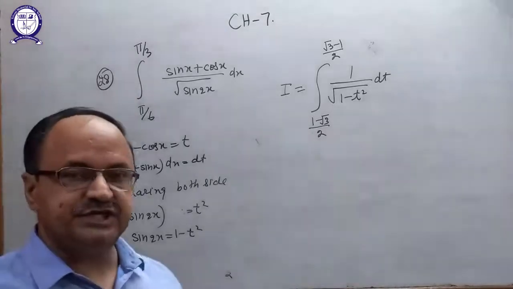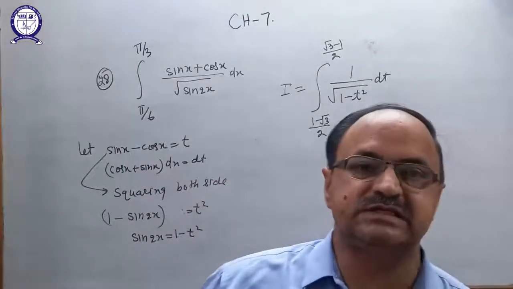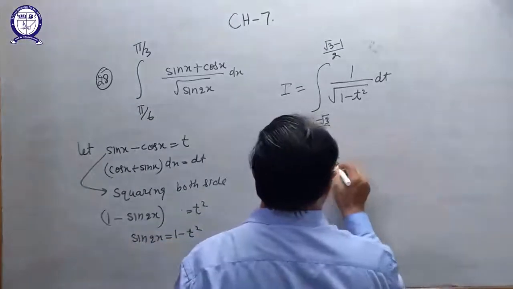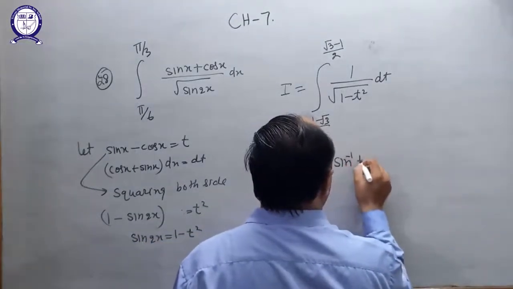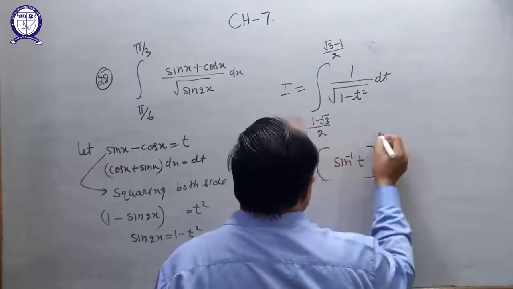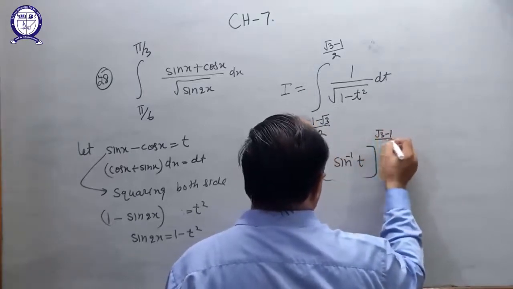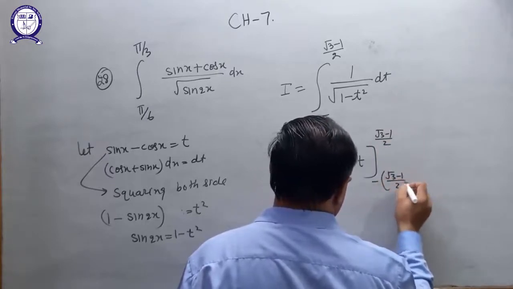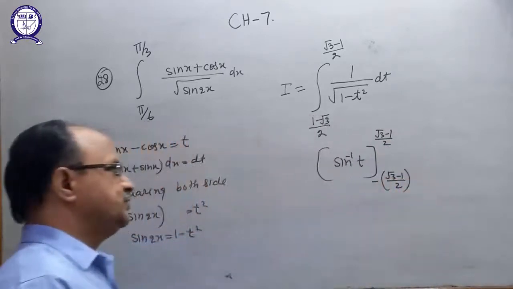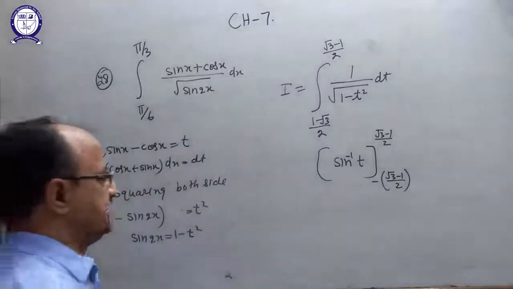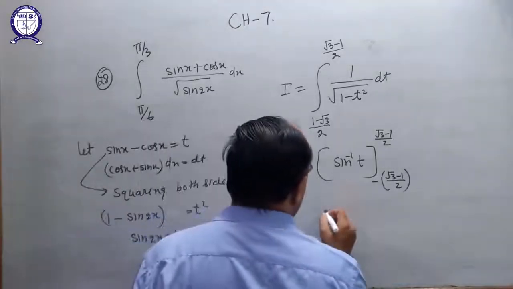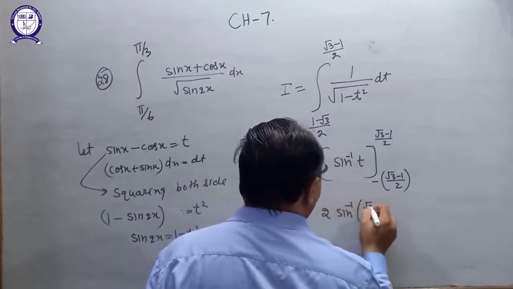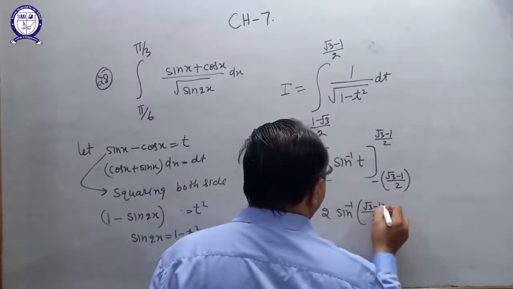Can you tell me the integration of 1 upon root 1 minus t square? Very simple, that is sin inverse t. Now the limits are root 3 minus 1 by 2 and minus root 3 minus 1 by 2. When you put upper limit minus lower limit, the answer is 2 sin inverse of root 3 minus 1 by 2.